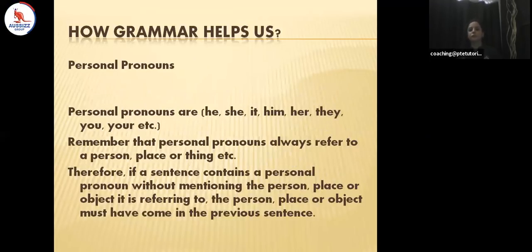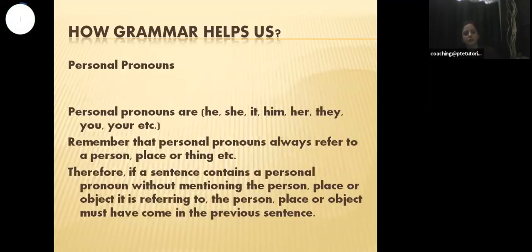Some other grammar rules. Personal pronouns. My name is Shruti. In one paragraph, I cannot write Shruti again and again. It will be absurd. So in the next line, I will write she.